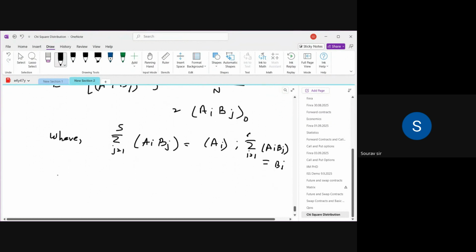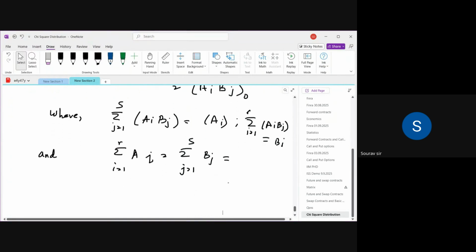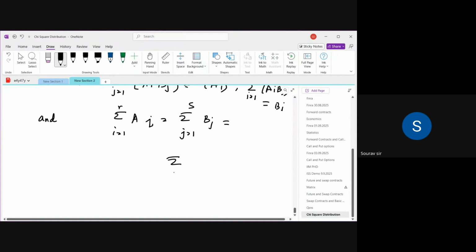Summation of i 1 to R of Ai is equal to summation of j 1 to S of Bj, and combining R and S, summation of i 1 to R, summation of j 1 to S of AiBj is equal to n.